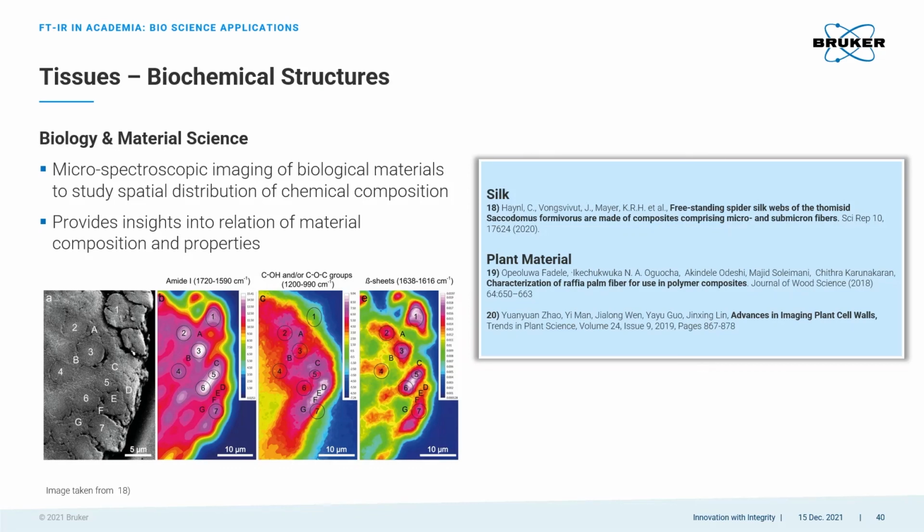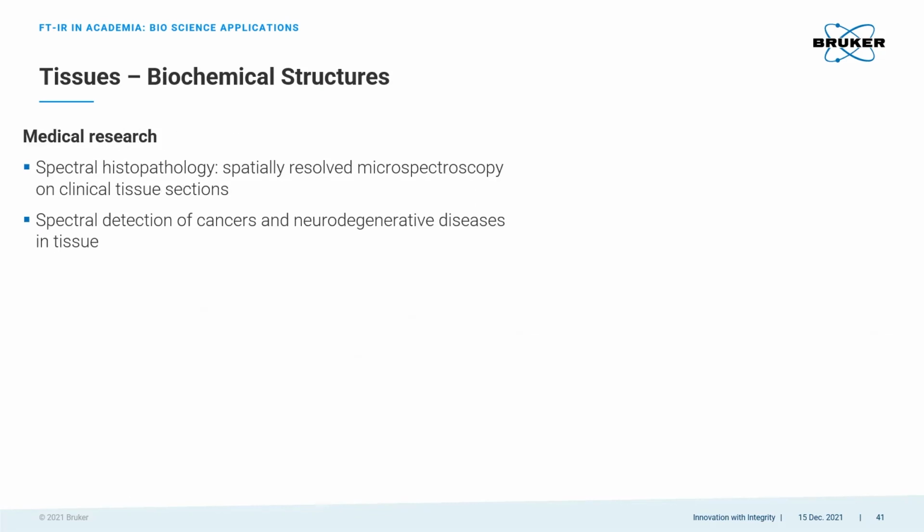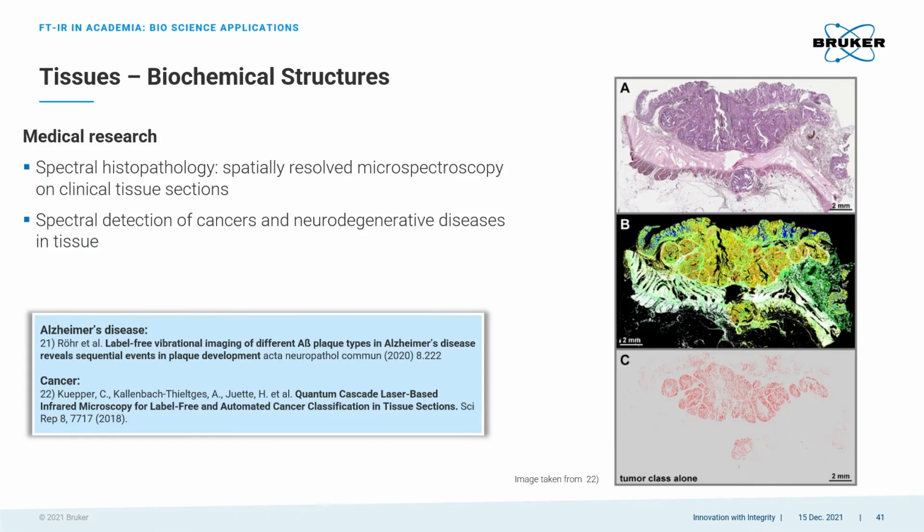study the cell composition. In medical research, the approach is a different one. Here the IR images of clinical tissue sections are used to develop a spectral histopathology method. The hyperspectral tissue image is analyzed by modern machine learning algorithms with a goal to differentiate between healthy and diseased tissue.